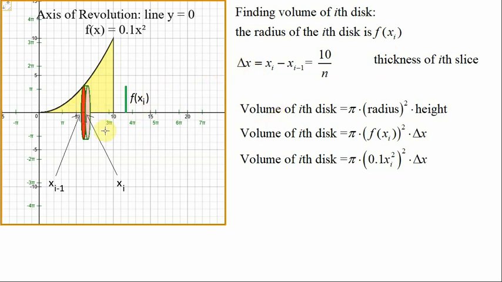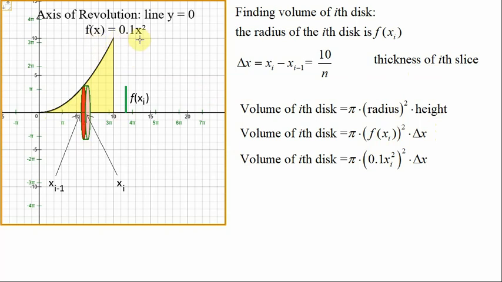And so the disk is just a cylinder, and so the volume of the ith disk or the ith cylinder will be pi times the radius squared times the height. The radius of the ith cylinder is f of x sub i. And the height of this cylinder is just the thickness of the cylinder, and so it will be delta x.